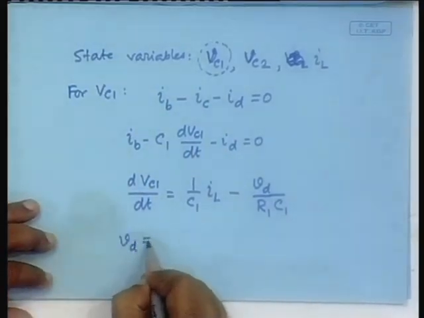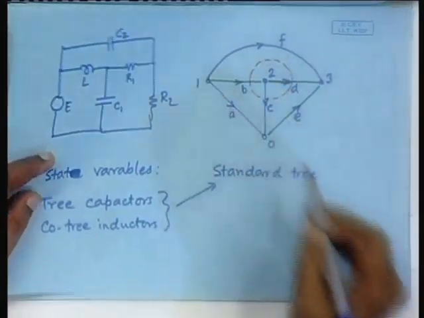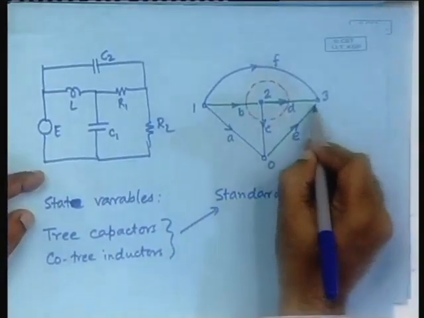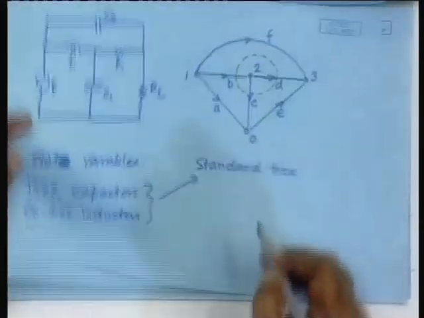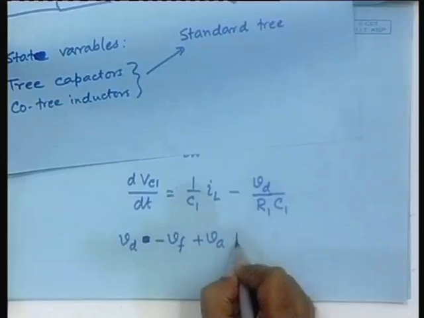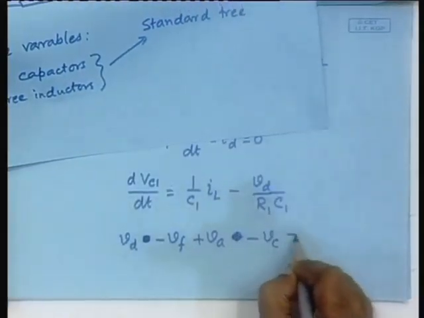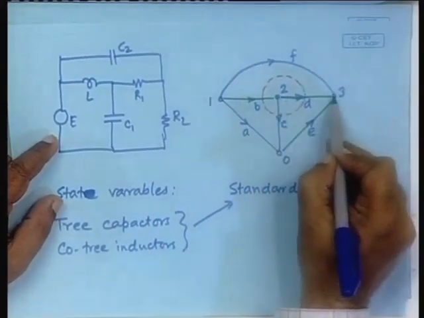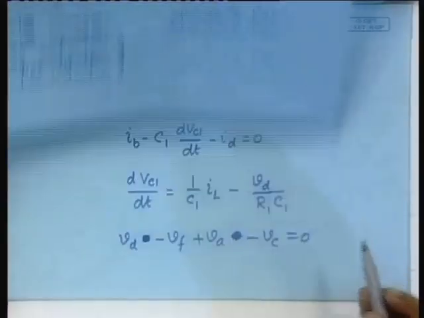Start from here: VD minus VF plus VA minus VC equal to 0, right. We are going around.